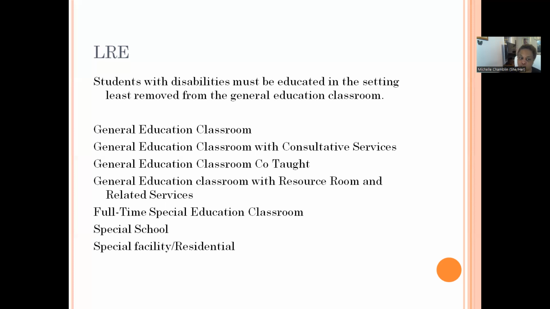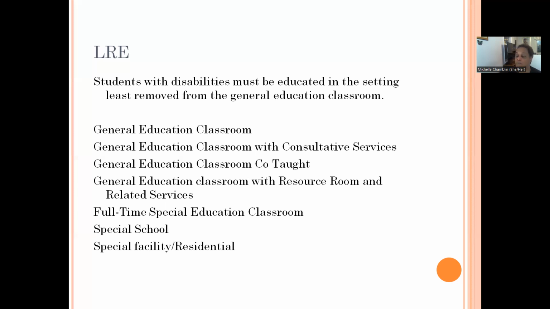The least restrictive is general education. Then we have general education with consultant services. This consultant can consult with the teacher and professionally develop the teacher to understand a condition of a student in the class, or the consultant can work with the student directly.